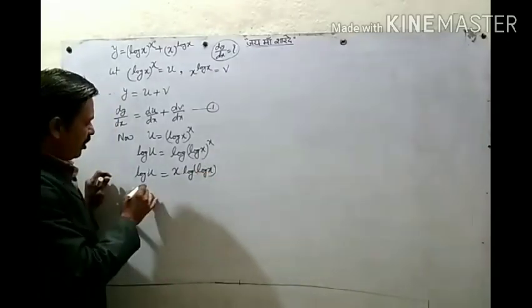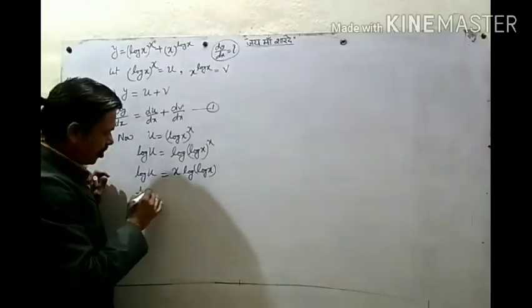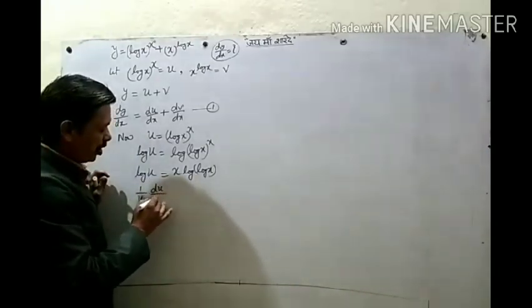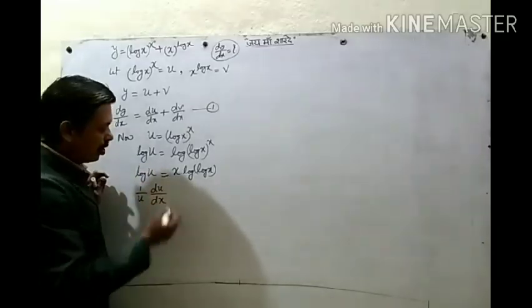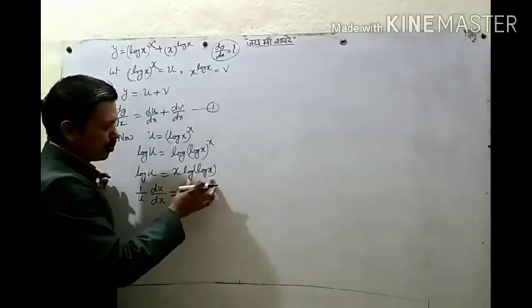Now differentiating, we get 1 by u, the derivative of log u, into du by dx is equal to, here there are two functions, x and log of log x, so apply the product rule.